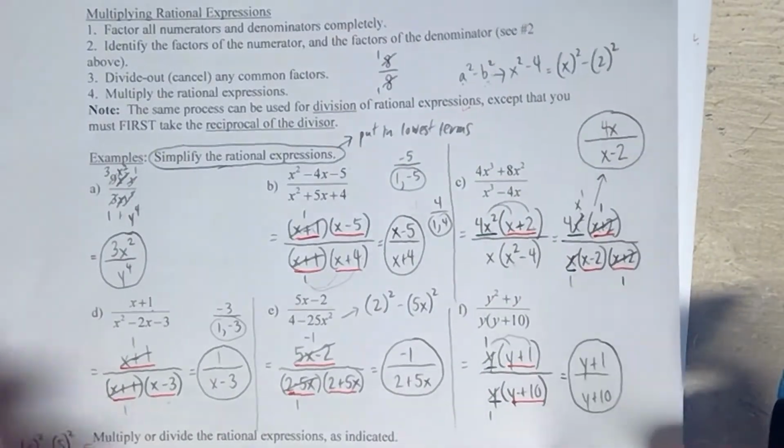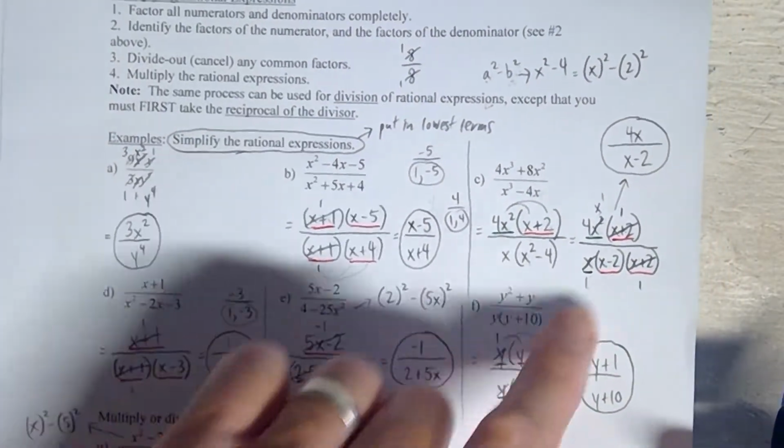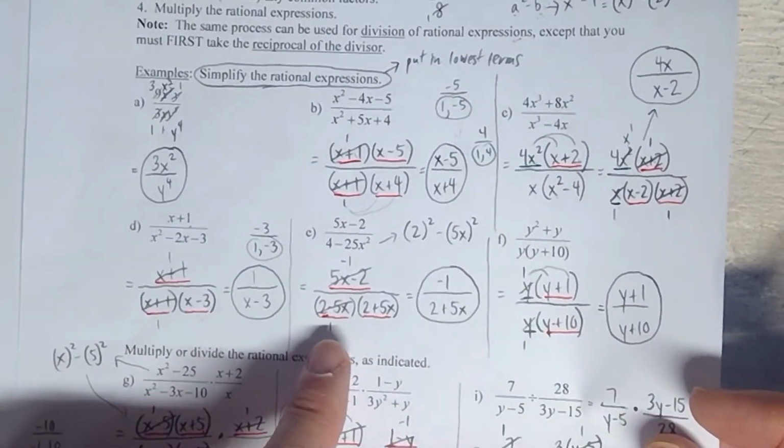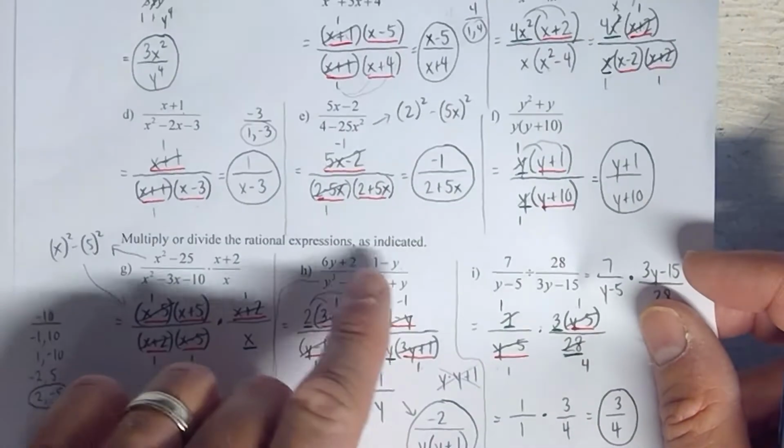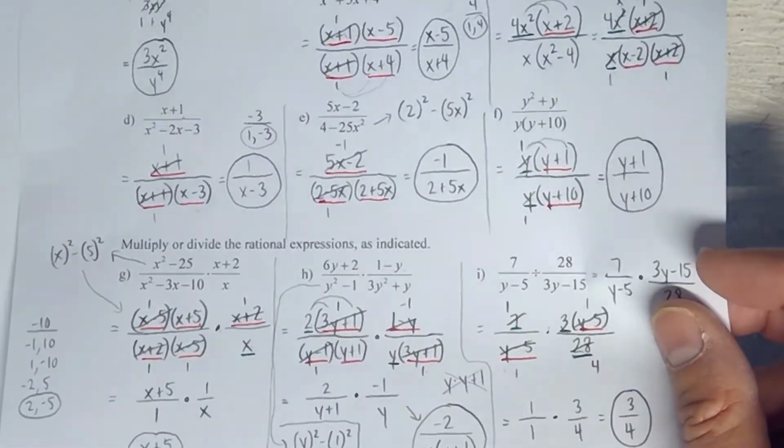It's going to be a very similar thing here. This is the lowest terms concept right here, where you put fractions in lowest terms, and there's the multiplying and dividing again, which was very similar to that.